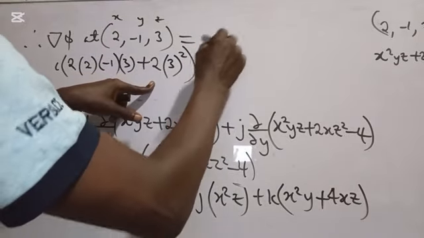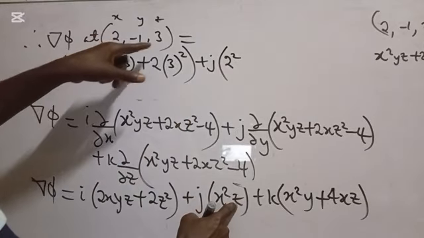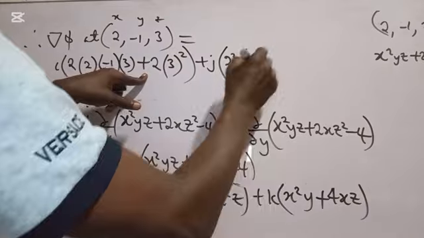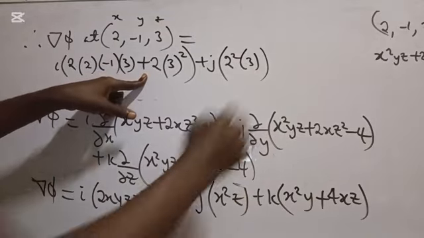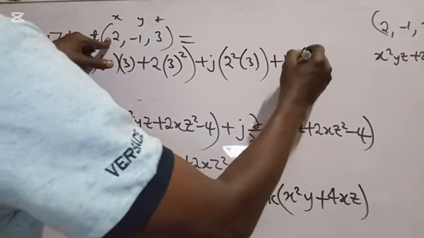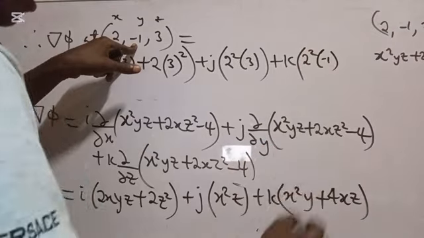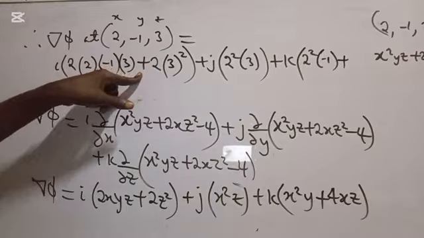Then plus j, our x is 2, 2 squared, multiplied by our z which is 3, that is closed. Then plus k, our x is 2, 2 squared, our y is minus 1, plus what?